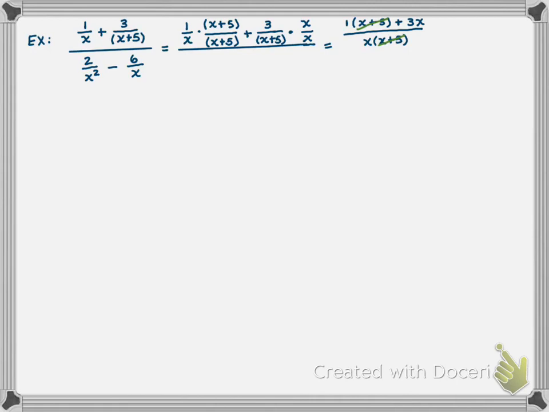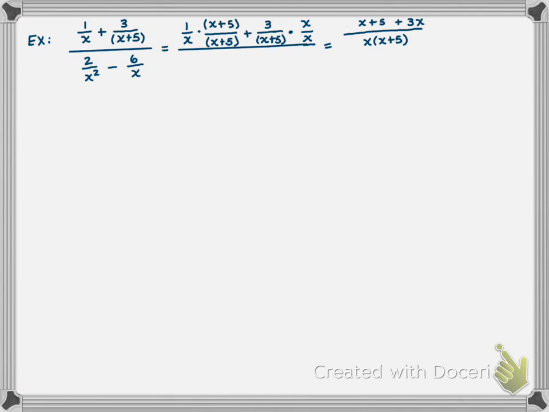But remember, we can't do that because of this addition right here. So the entire numerator isn't factored. In addition, distributing this 1 doesn't really do anything for us, right? 1 times x plus 5 is still x plus 5. So this is really just x plus 5 plus 3x.